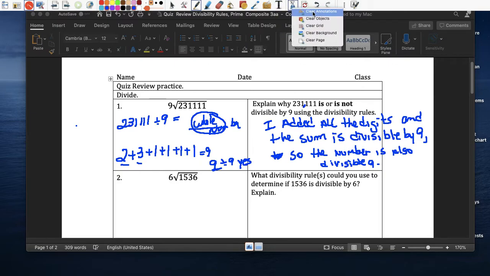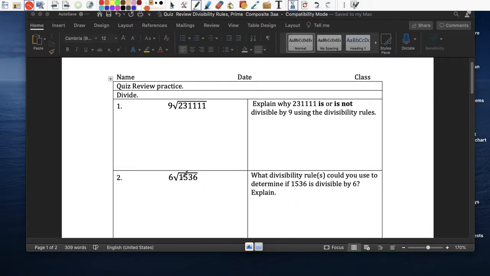Okay. Next one is: is 1,536 divisible by 6? How do I know that? The rule for 6, remember, is that it's divisible by 2 and divisible by 3. If it's yes for 2 and yes for 3, then for 6 it's going to be a yes.